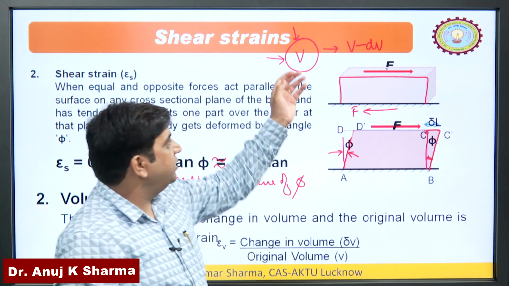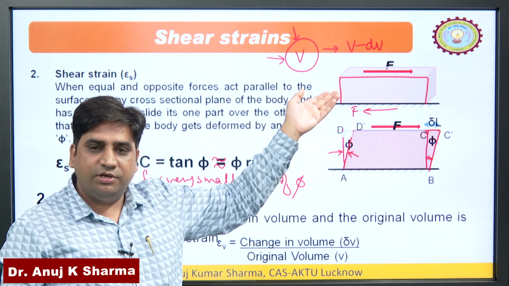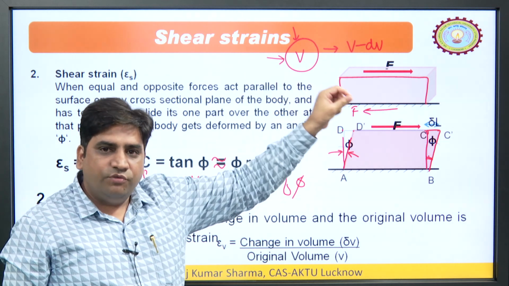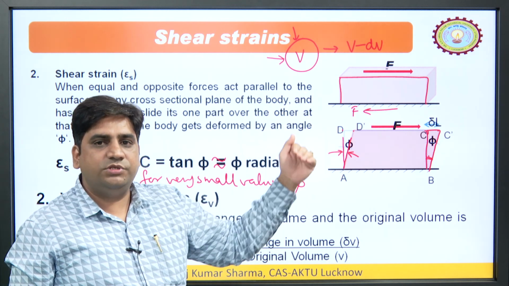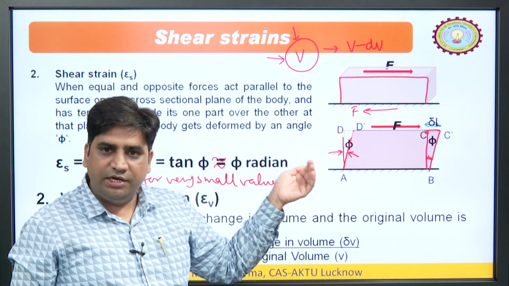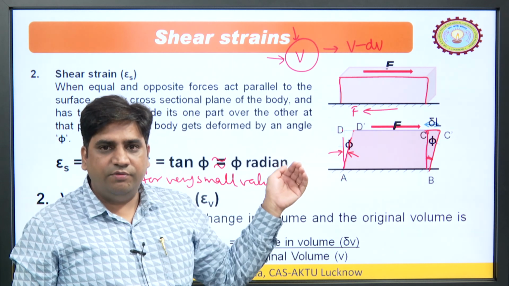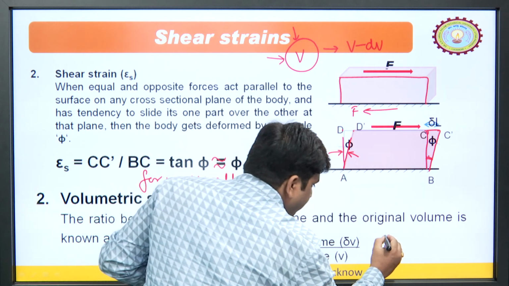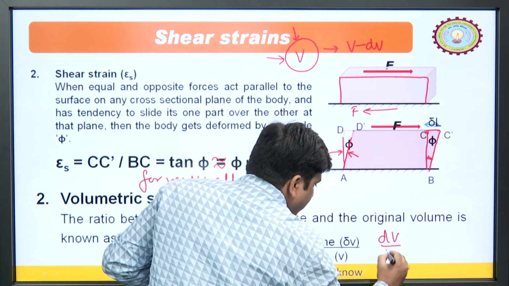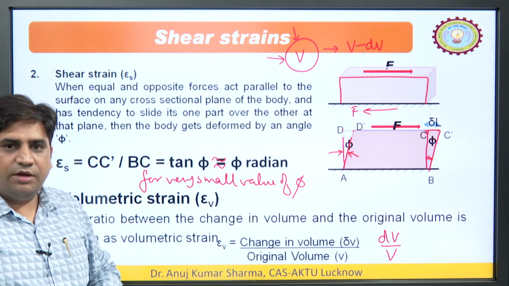If we want to calculate the volumetric strain, it would be final volume minus initial volume upon original volume, or change in volume upon original volume. Change in volume is delta V or dV, and the original volume is V. So, volumetric strain is change in volume upon original volume.